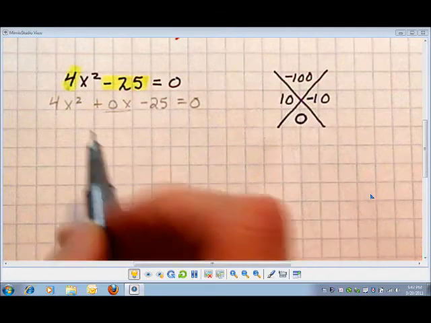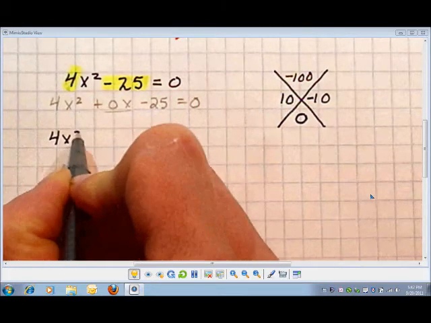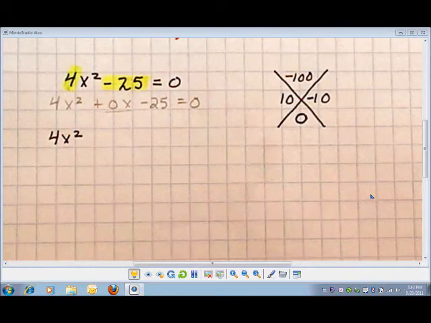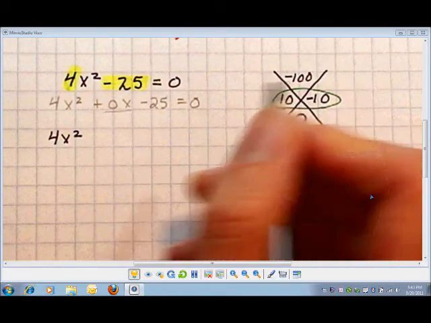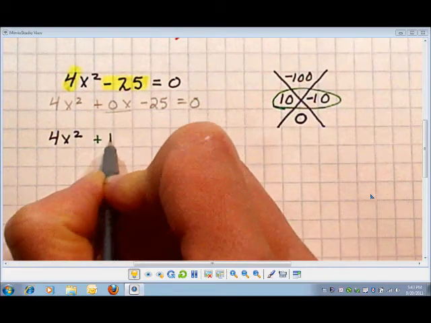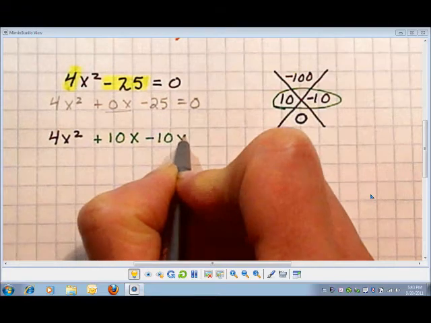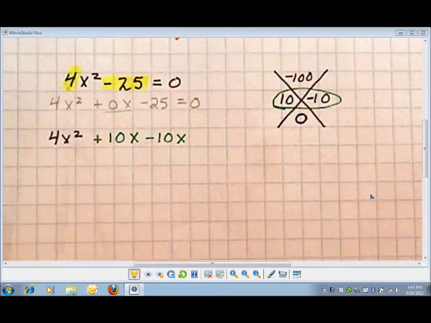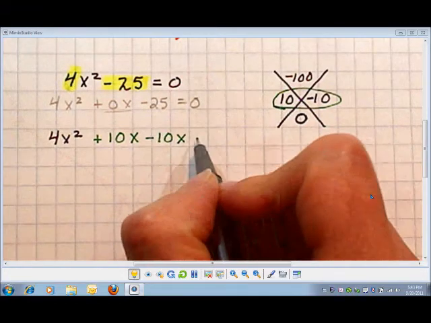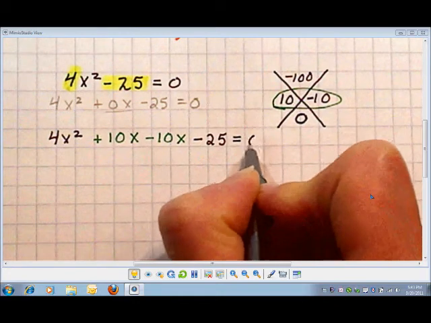So just like we've done before, we're going to copy down our first term, and our middle term becomes this, plus 10x minus 10x. And I know it's an x because I have an x here in my equation. And then I have minus 25 equals 0.